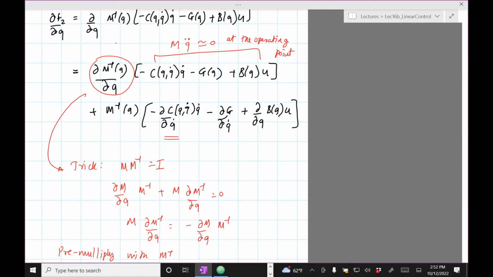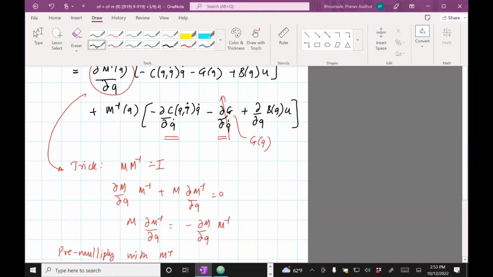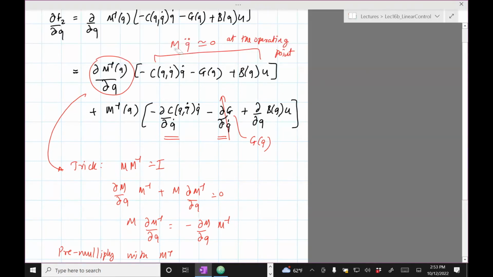There's a mistake here. This should be Q. My bad. So this one is not equal to 0 because G is a function of Q. Gravity torque is a function of Q. And then this one will also not be 0.